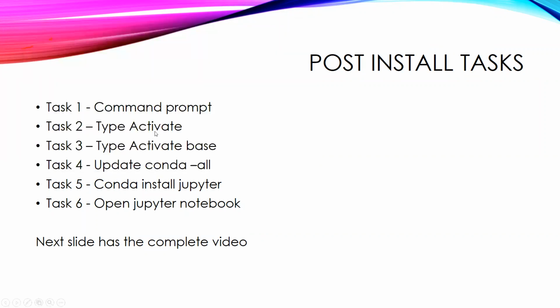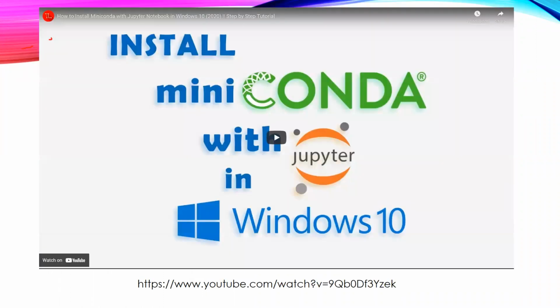This is what I was talking about. Type activate base and just put a command like conda update --all. It will update all the packages. And then the next one is conda install jupyter. When you install Jupyter, it will go through the process in the command line. So all these things are available in this video, but just go through it, spend an hour installing everything on your laptop before the next class.